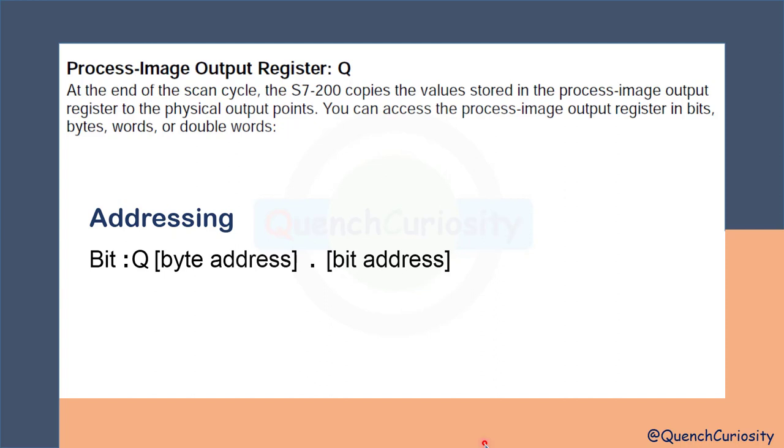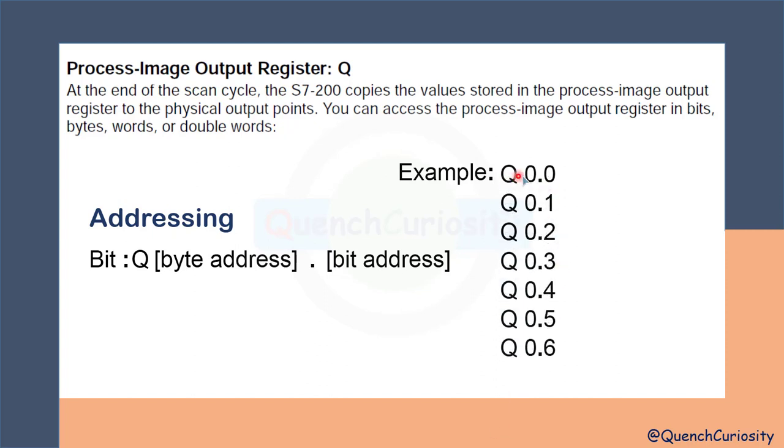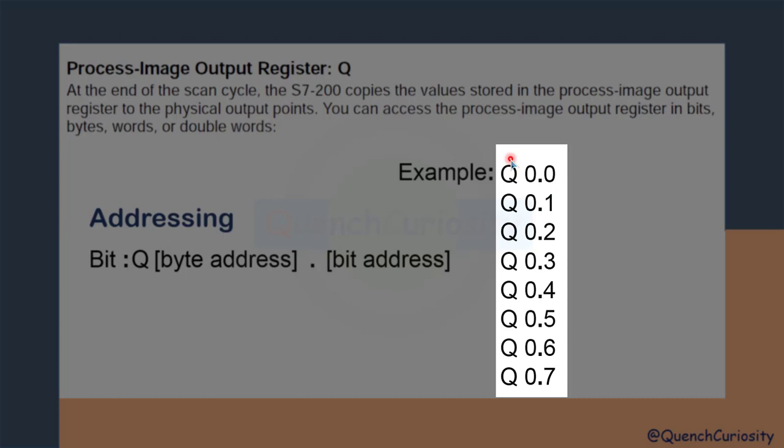Now let's see some examples for output type registers. Similar to my input registers, the output registers have the same conditions. They start from Q0.0: file identifier Q, byte address, then bit address. Once bit address 7 is assigned, the complete byte address 0 is occupied.